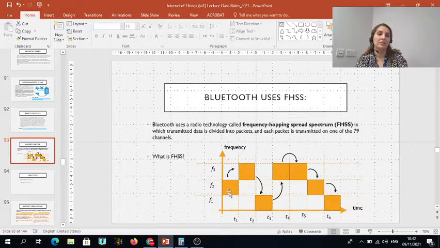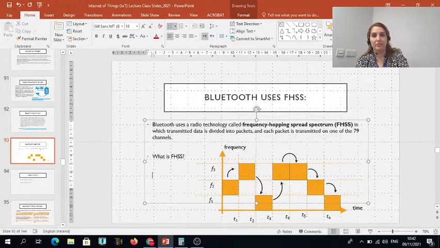A pattern means that if I want to write a sequence that this diagram is following, that would be f2, f3, f1, f3, f3, f2, f1. So that would be the pattern that this particular example is following.